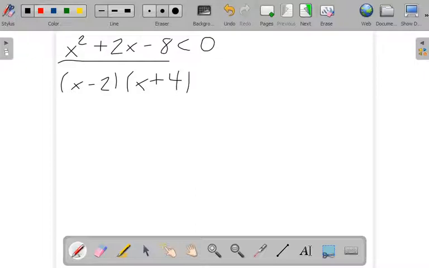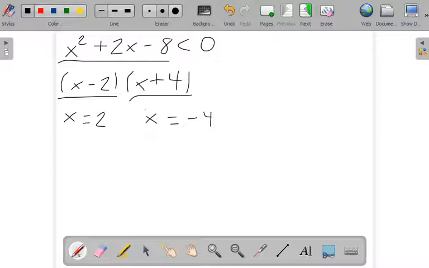Okay, and if we are going to solve for x, we just set each one equal to 0. So we're going to set this equal to 0 and solve for x, and this equal to 0 and solve for x. So if we do that, we're going to get x equals 2 and x equals negative 4.